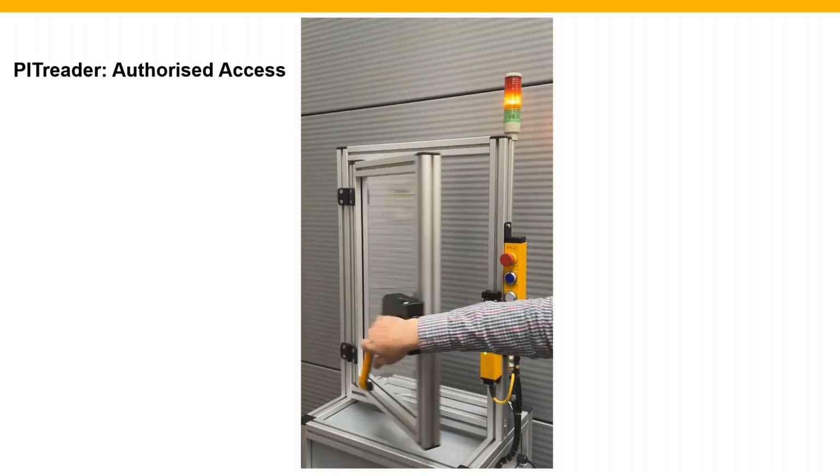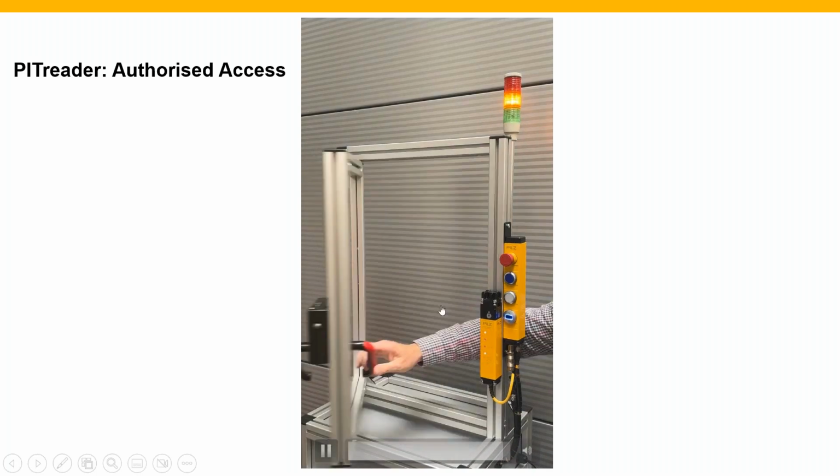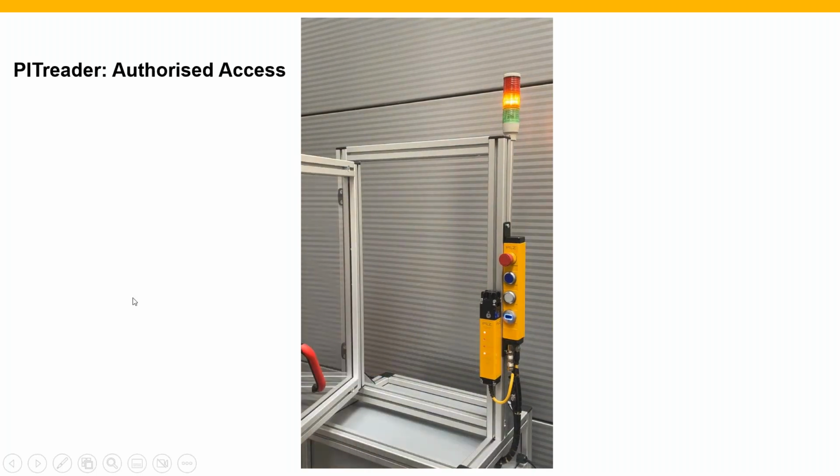So I have to come out, I have to close the door, put my key back in. That would then allow me to energize the lock, locking the door closed and restarting the machine. We also have in this instance, if somebody was locked in, then you can use the emergency release to open the door and come out.